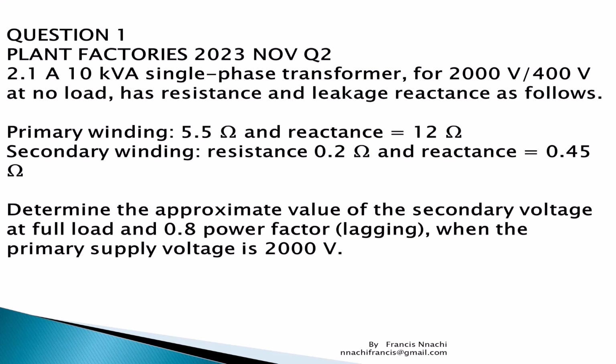Secondary winding resistance 0.2 ohms and reactance 0.45. Determine the approximate value of the secondary voltage at full load and the 0.8 power factor lagging when the primary supply voltage is 2000.